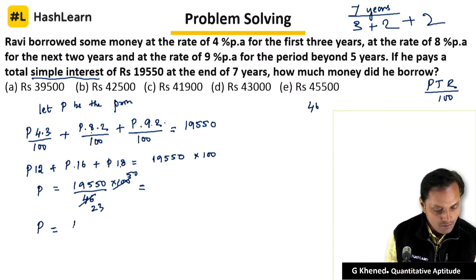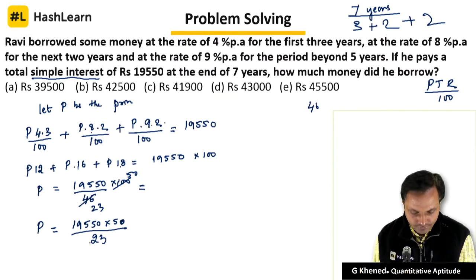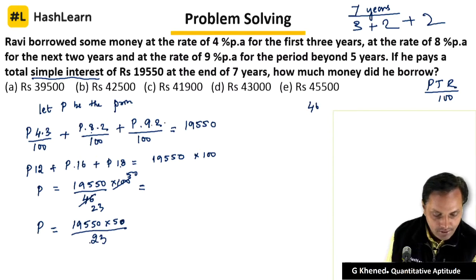P is equal to 19,550 into 50 divided by 23. You can do the calculation.